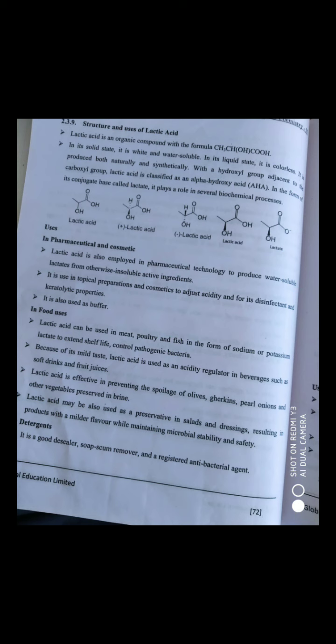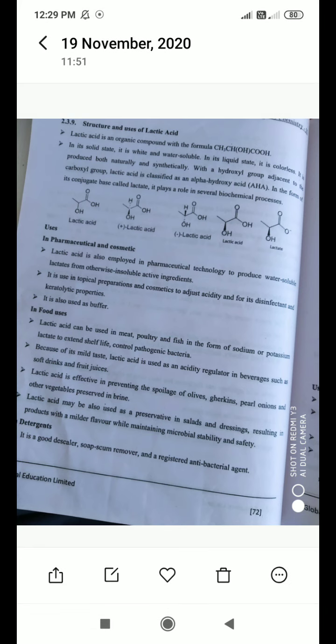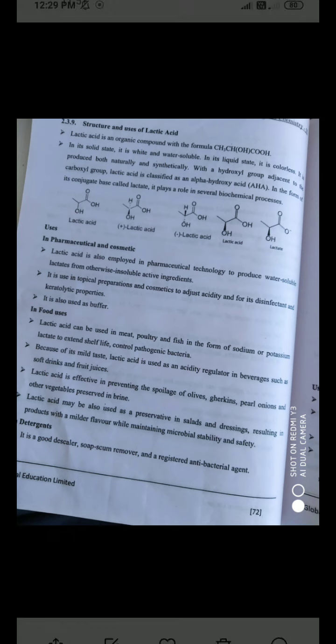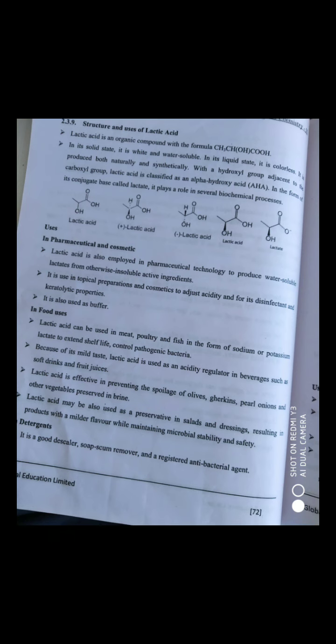You must know the disinfectant terminology and what it means. It has keratolytic properties. Lytic means breakdown, so it breaks down keratin, like hair and so on. Now, it is also used as a buffer. It means this lactic acid can be used as a buffer.